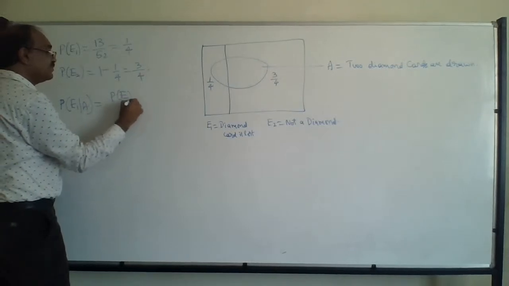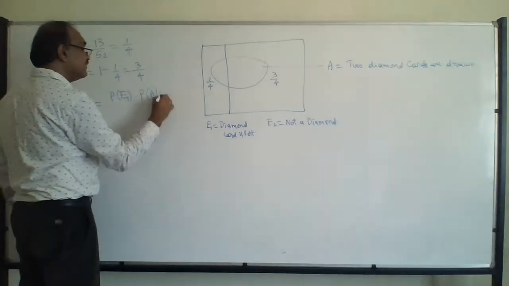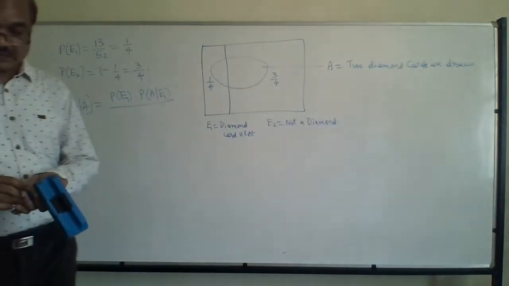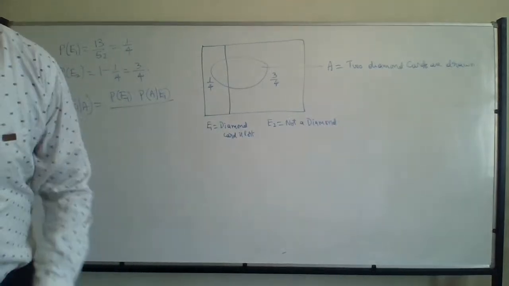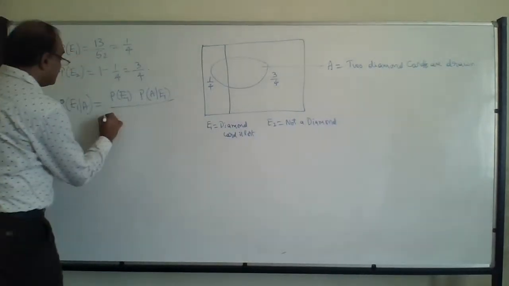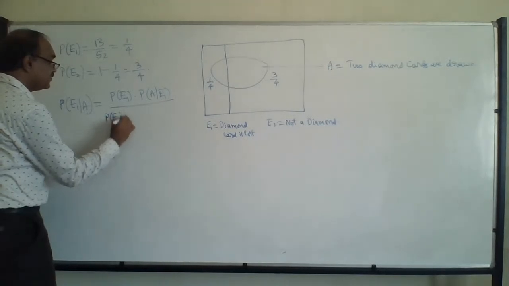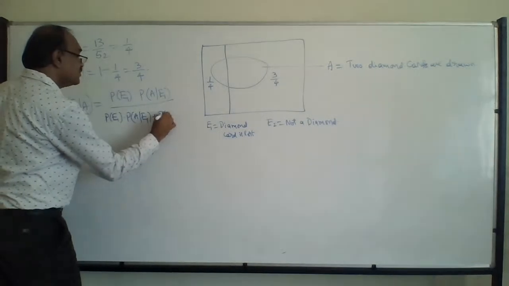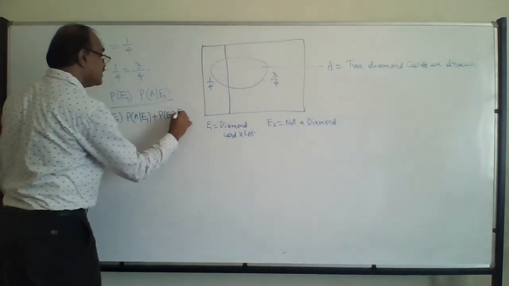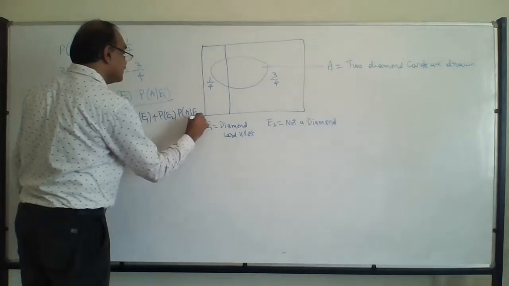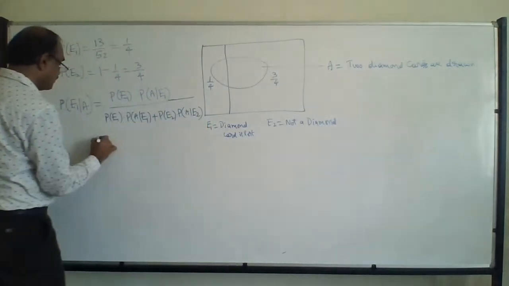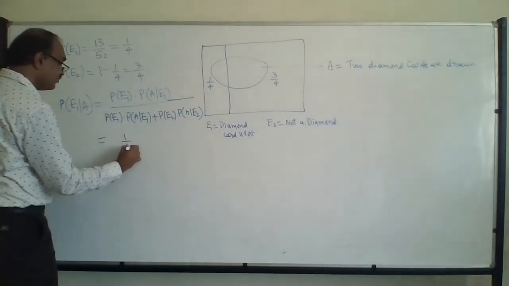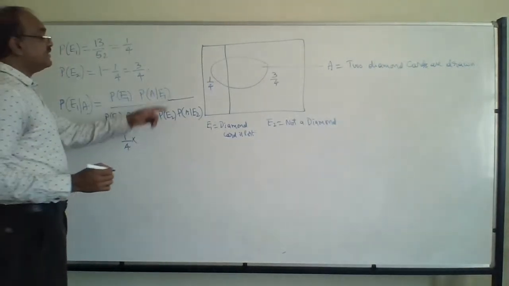Probability of E1 into probability of A given E1, divided by probability of E1 into probability of A given E1 plus probability of E2 into probability of A given E2. So what is the probability of E1? 1 by 4.